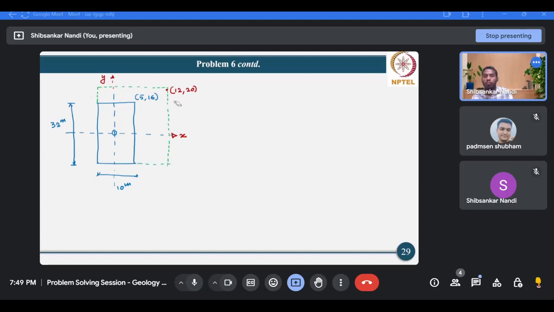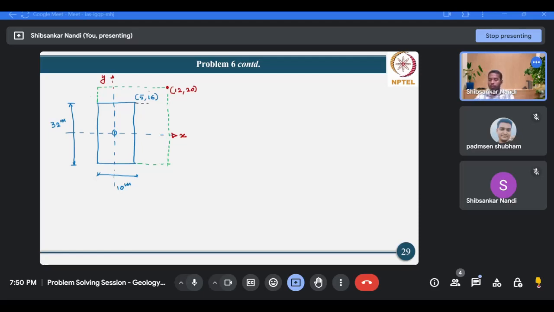So we have extended the existing rectangularly loaded area, so it becomes a corner, because as per the principle it should be a corner, otherwise you cannot implement this approach. Now we can split this extended rectangle in this fashion.